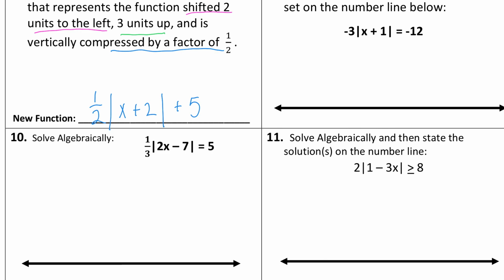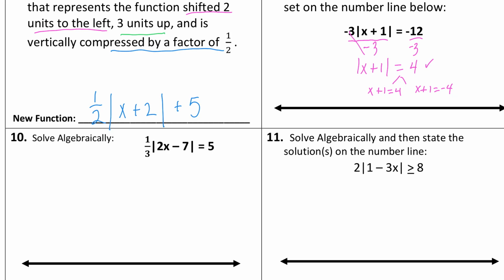All right, so we have another solve algebraically and place the solution set on the number line below. So you have to get that absolute value by itself, so we're going to divide both sides by -3. So that gives us the absolute value of x plus 1 equals 4. It does equal a positive, so now you can split it, and you can have x plus 1 equals 4, and x plus 1 equals -4.